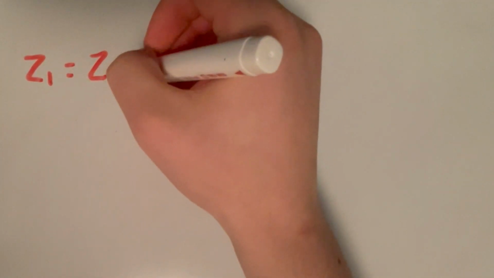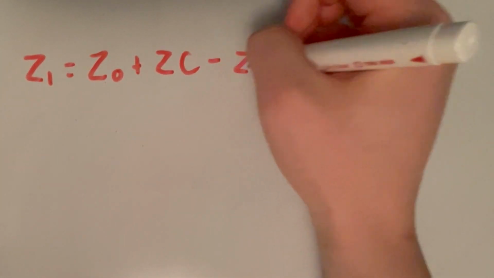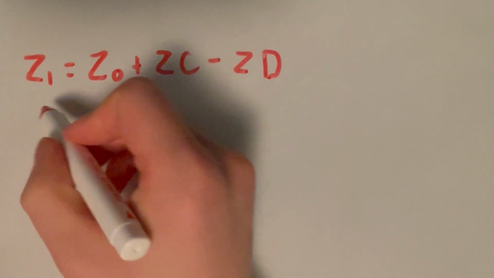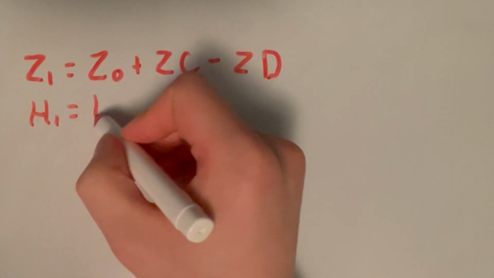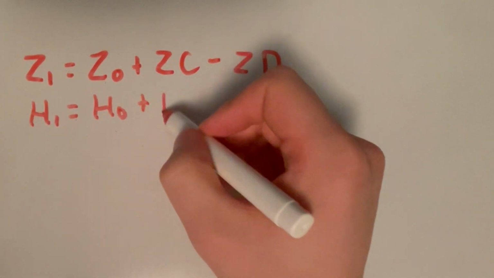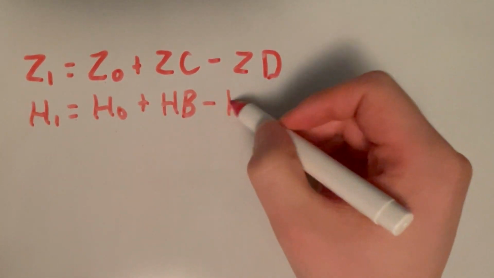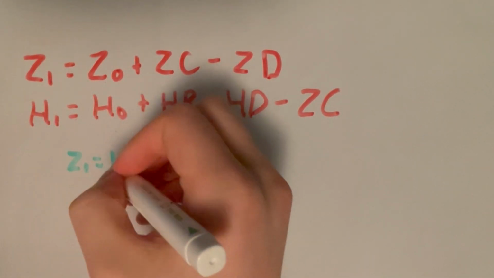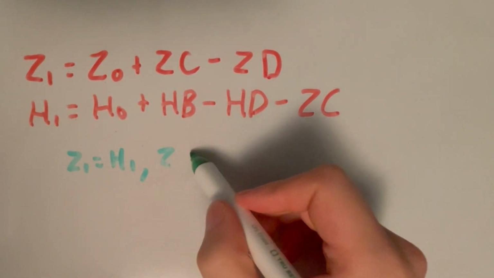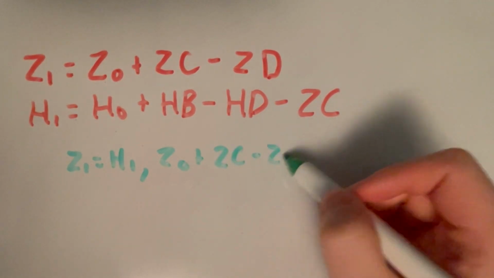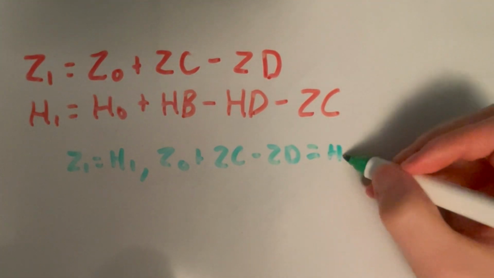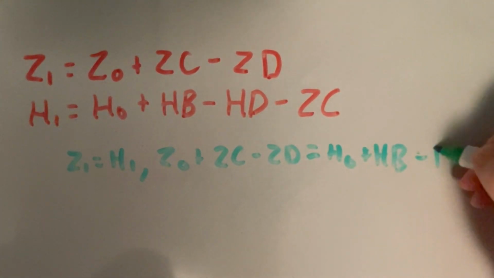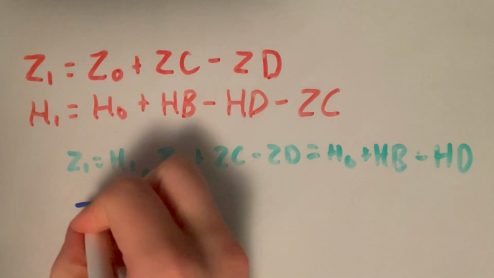Now we can redefine Z1 and H1 in the following way. Z1 will equal Z0 plus ZC minus ZD. H1 will be equal to H0 plus HB minus HD minus ZC. As the success condition is when Z1 equals H1, Z0 plus ZC minus ZD equals H0 plus HB minus HD minus ZC.